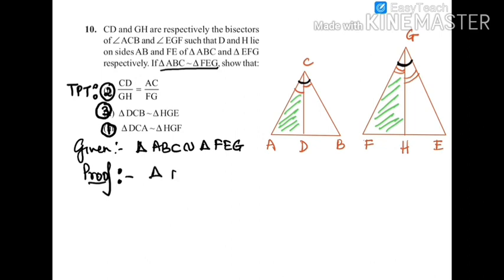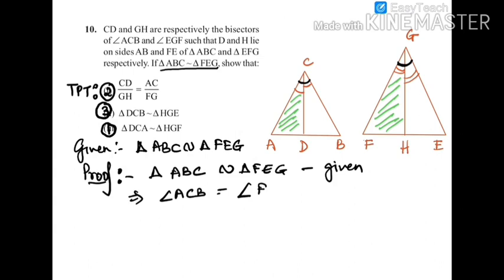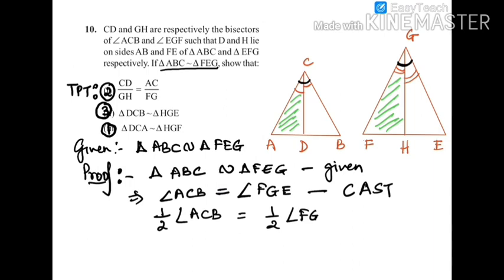So let's write down triangle ABC similar to triangle FEG, given. So this implies angle ACB is equal to angle FGE. They are corresponding angles of similar triangles. So half of angle ACB will be equal to half of angle FGE.